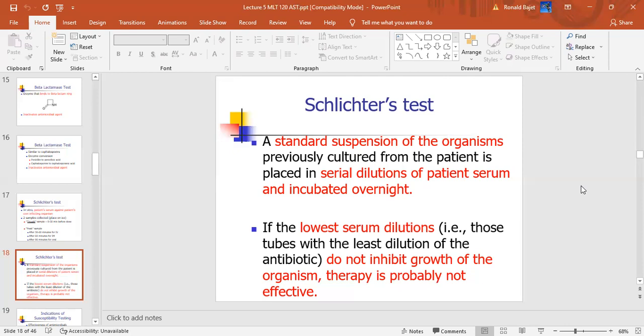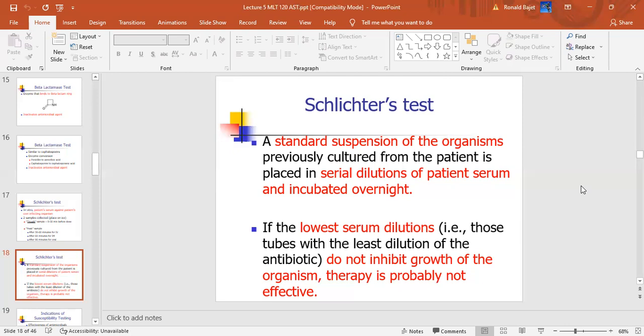Rather than doing serial dilutions of antibiotic, you're going to be doing serial dilutions of the patient's serum, okay, of the trough level and the peak level, okay? So those 2 samples, you do serial dilutions, the trough level and the peak level, and then you add your organisms to it, the actual organism that was isolated. And then you take a look at the growth.